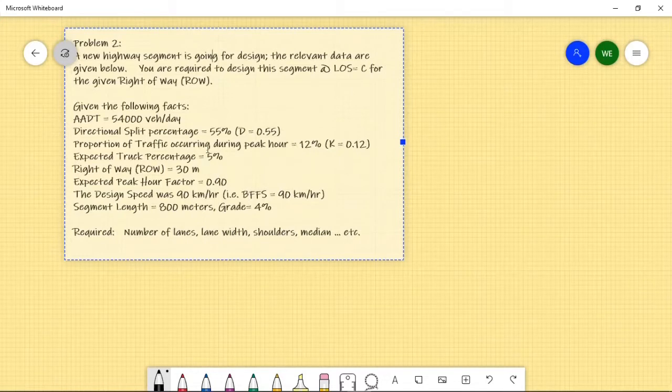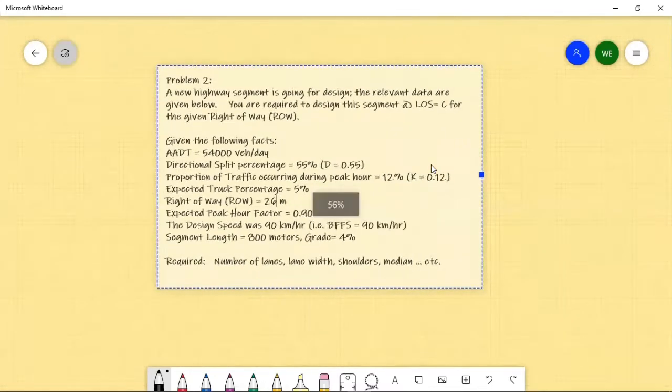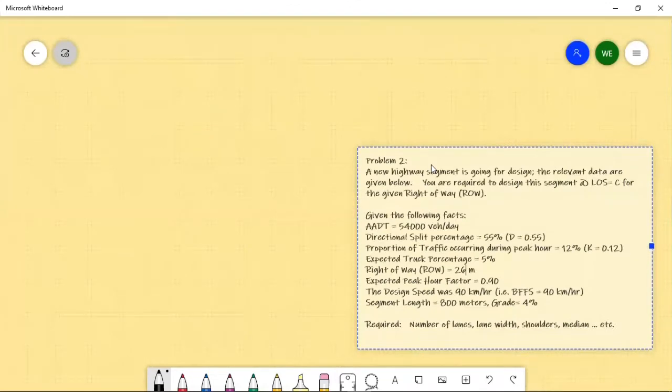I'm going to make a slight modification and change this to 26 meters.